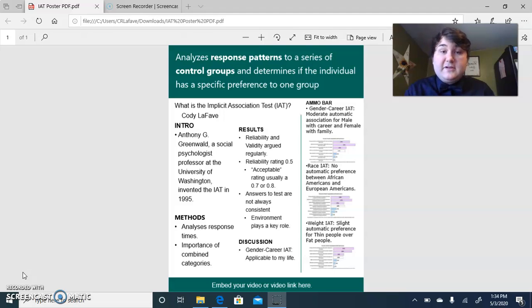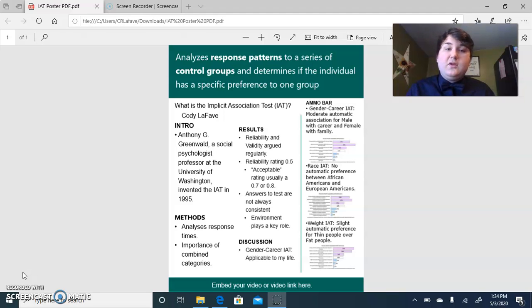A certain test that I will talk about later is the Gender and Career IAT test. This test had the control group of male and female names, and also words that would be considered with a family position or a career position.